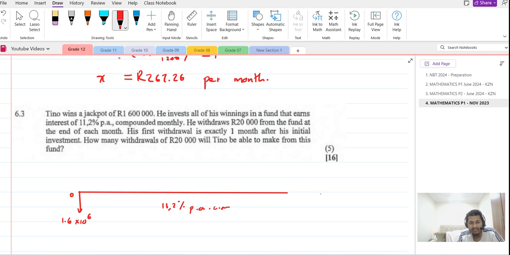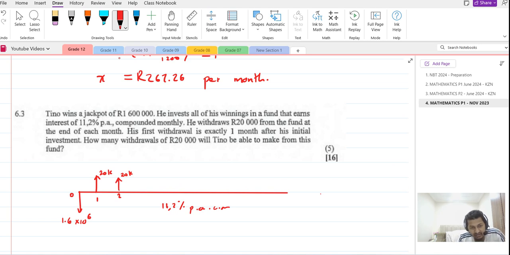He withdraws 20,000 from the fund at the end of each month. So he withdraws 20k here, 20k here. The reason why I use an upward arrow is because you're receiving money, and a downward arrow because you're investing money, right?